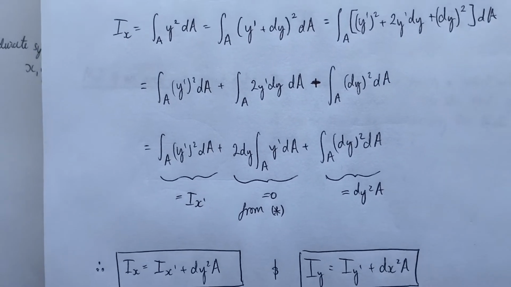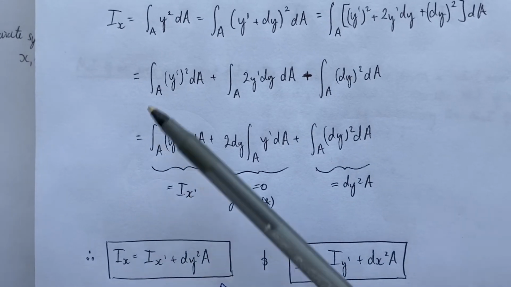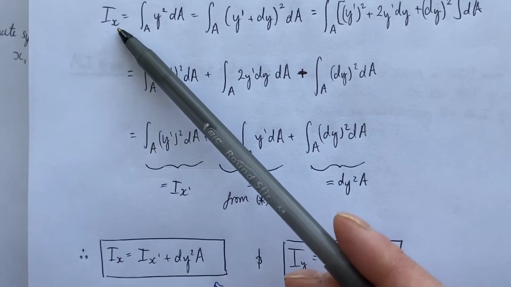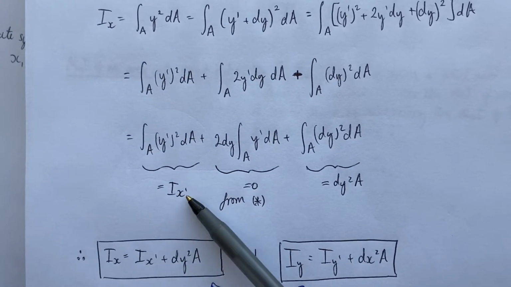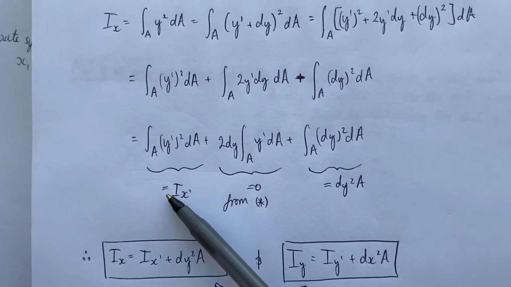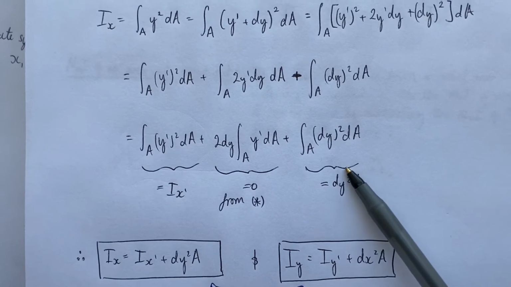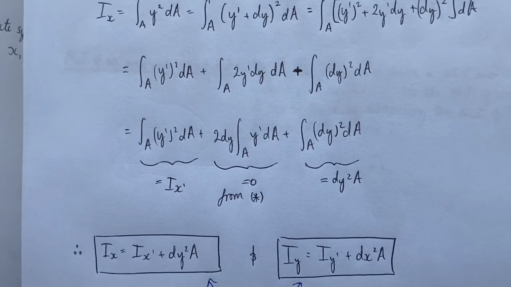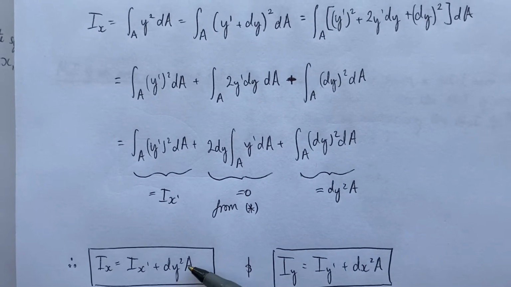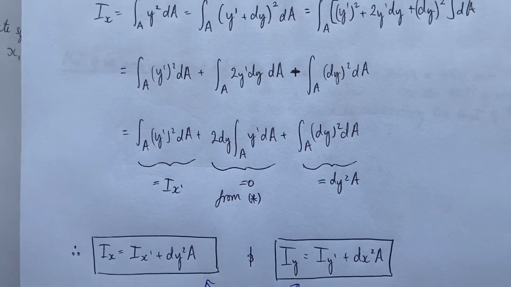So what I do is, if I put all of this together and tidy it up a little bit, I just have the moment of inertia about the x-axis is just the moment of inertia about the original axis, x dash, plus this constant here, which is the shift in the y multiplied by the area of the shape. And for common shapes, as we'll see in the examples, this is going to be an easy term to calculate.